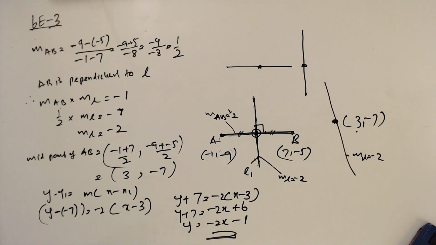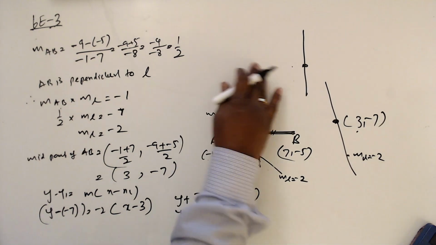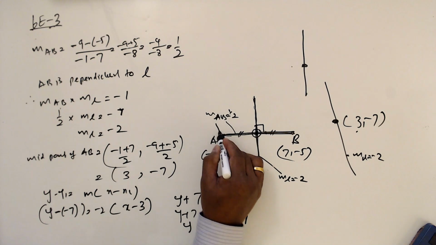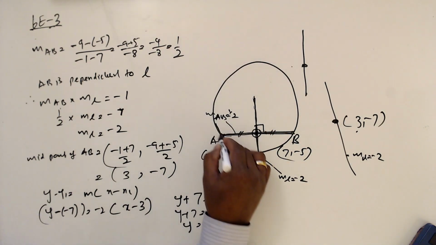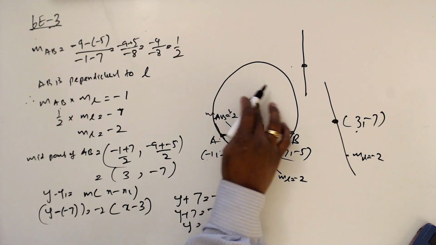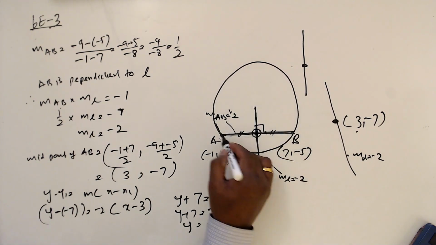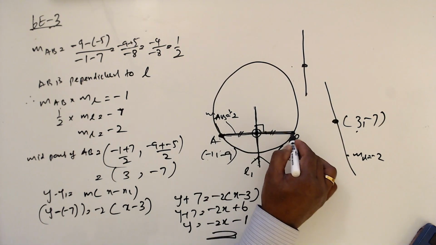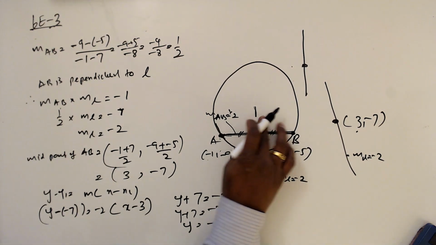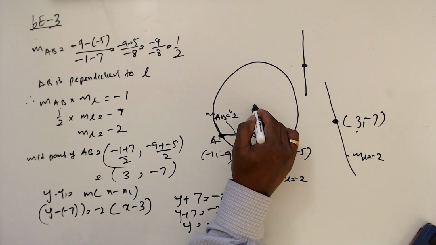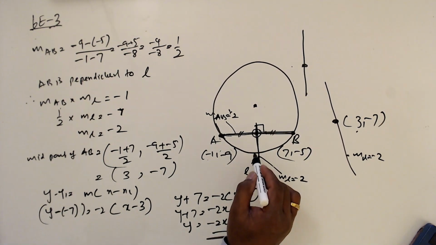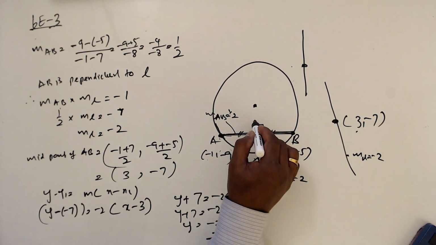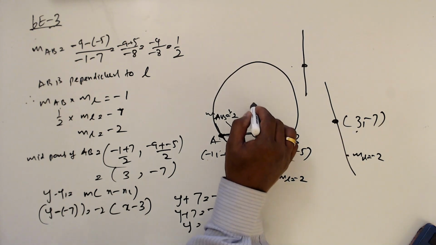Now we want to show that if AB is on the circle, which is the data given, then this perpendicular bisector goes through the center.